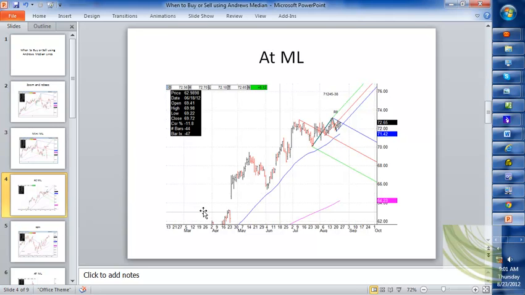And with Andrews, you have a few specific geometric rules and indicators that you use to determine that the momentum is now shifting from going up to going down, or that there is a high probability that this is going on anyway.